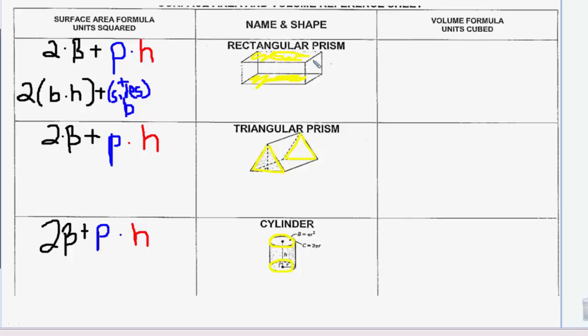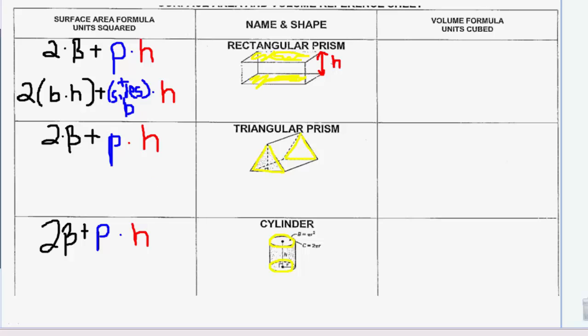So you could take all the dimensions of this base as well, but really you just need to focus on one of them. Okay, times the height. Okay, and the height is going to be what's connecting those two bases. So for example, this would be my height. How tall is that entire prism? Okay, all right. So that's what it looks like for a rectangular prism.